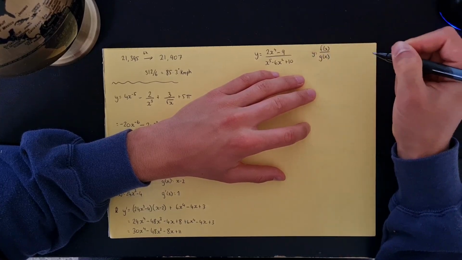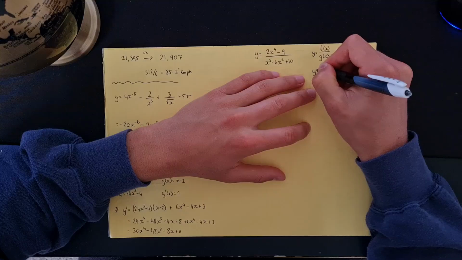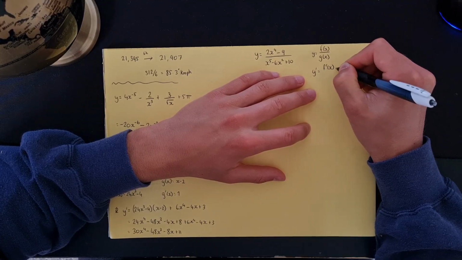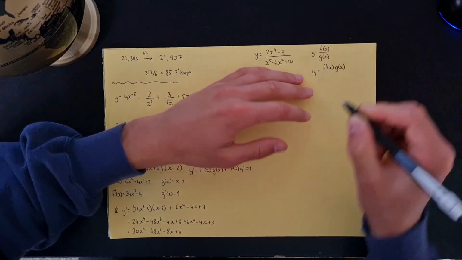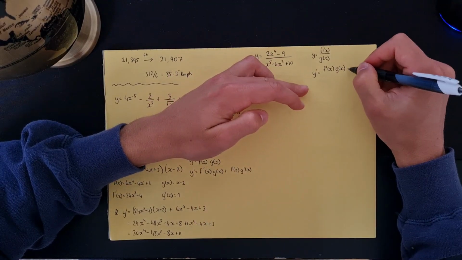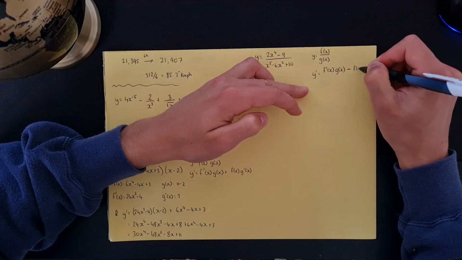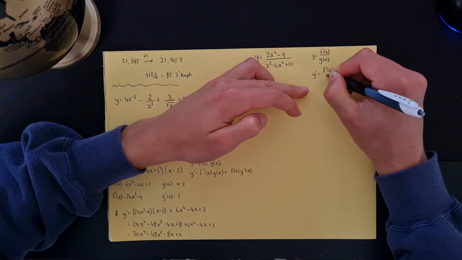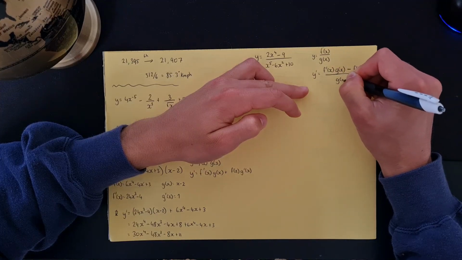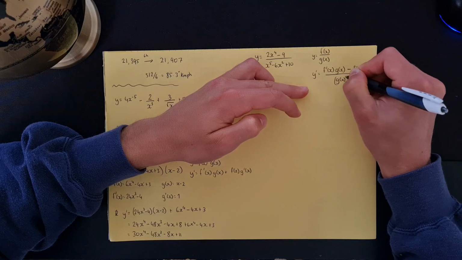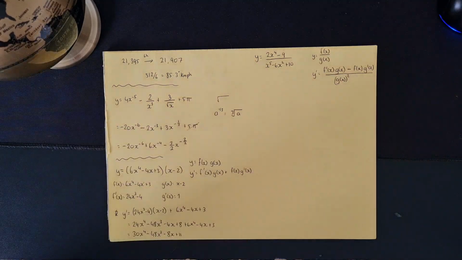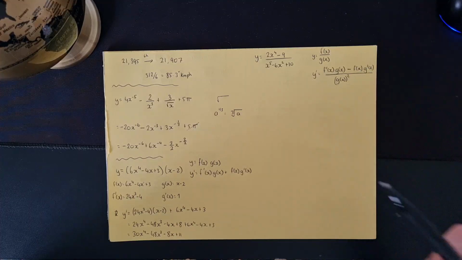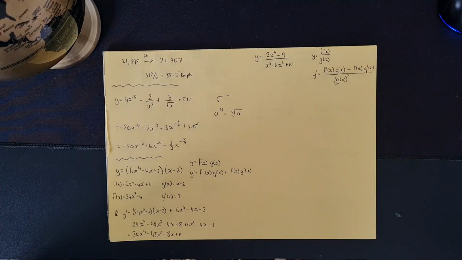When we differentiate this, what then happens is we get the first derivative of f of x times g of x, like we had here, but now it's minus f of x times the first derivative of g of x, all over g of x squared. Not the square root, that's my mistake.